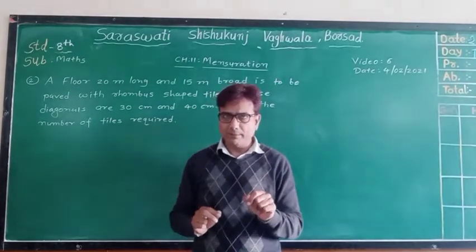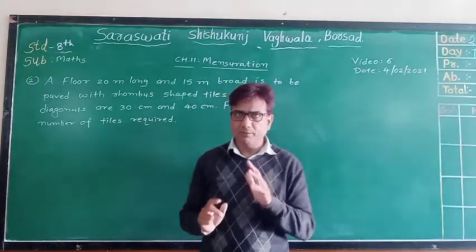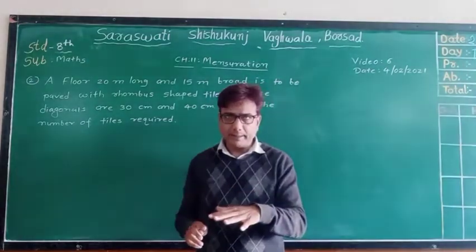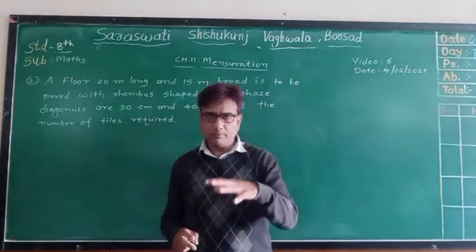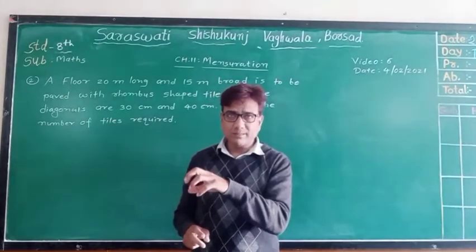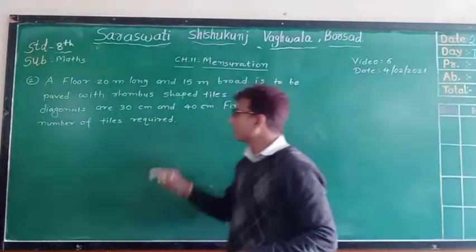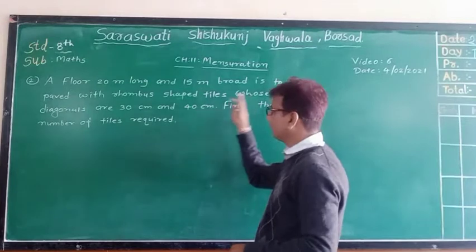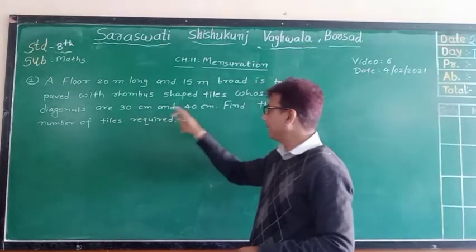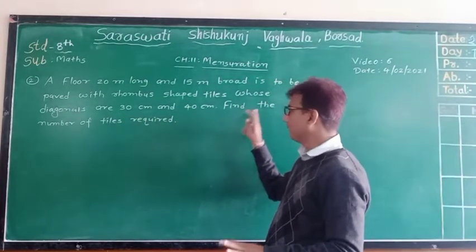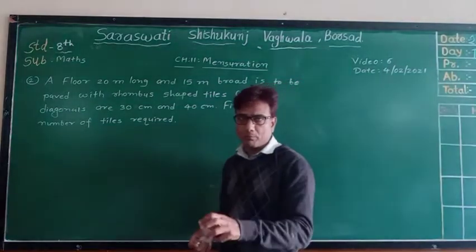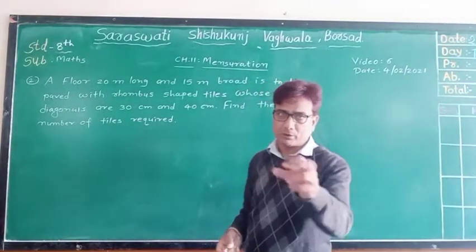We have to find the flooring area, and on that flooring area we have to fix rhombus shaped tiles whose diagonals are 30 cm and 40 cm. Find how many rhombus tiles we require to fix on that flooring.